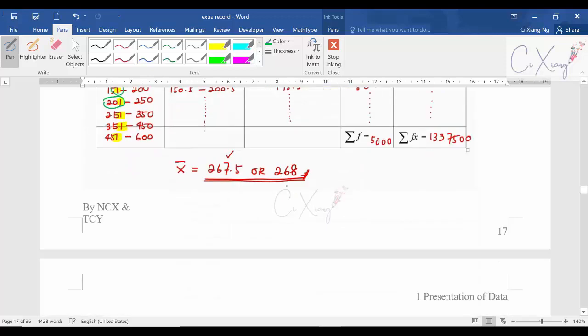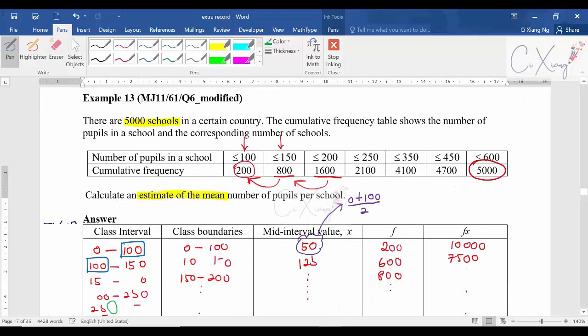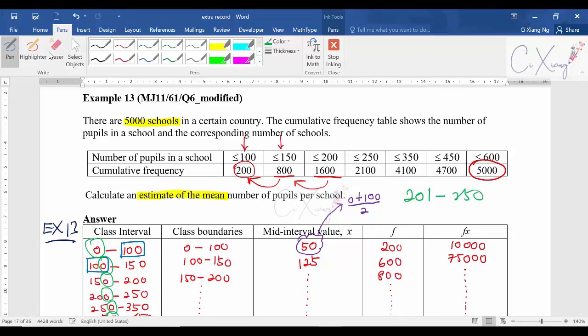But if you look at example 13, you can see that I actually cancelled off part 1. There's no more part 1. And this whole question didn't mention anything about 201 to 250. They just ask you straight away to calculate the mean. So for this kind of question, when they didn't give you any information, you just use all the values given in the cumulative frequency table.